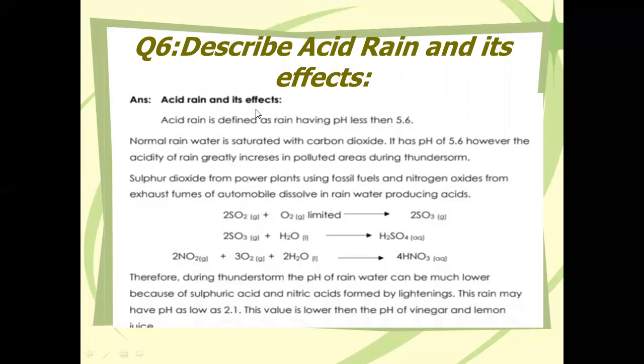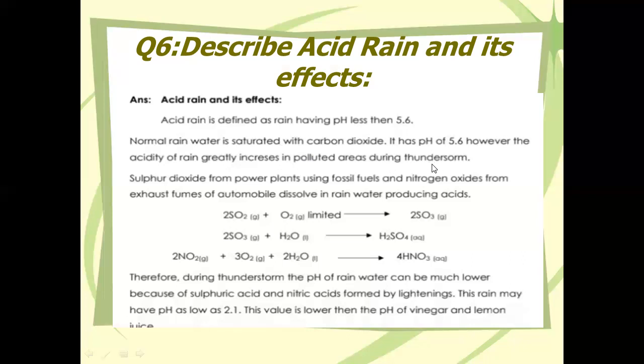And carbonic acid is a weak acid. So normal rainwater is saturated. Saturated means the concentration of carbon dioxide is high, and it has pH of 5.6. However, the acidity of rain greatly increases in polluted areas during thunderstorm. Actually, the oxidation of nitrogen gas and sulfur takes place in the presence of thunderstorm.